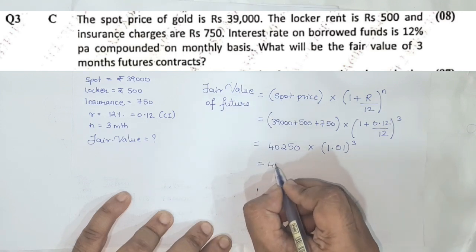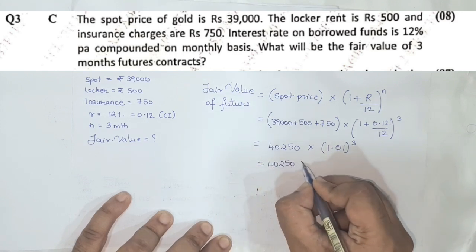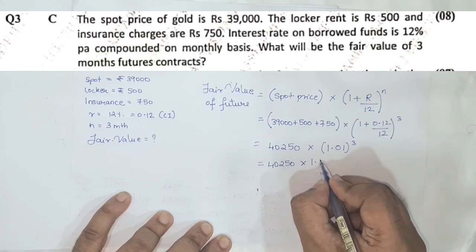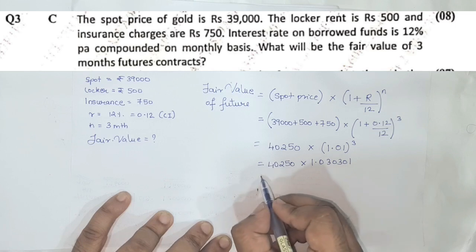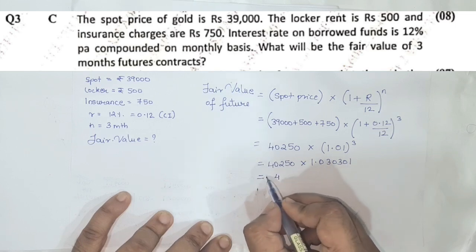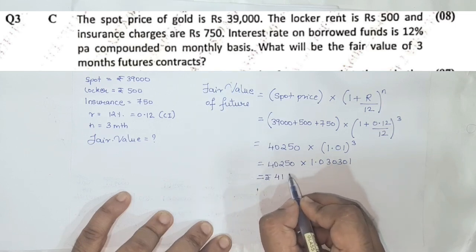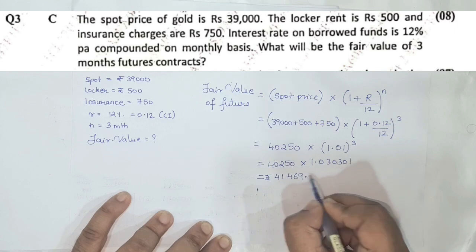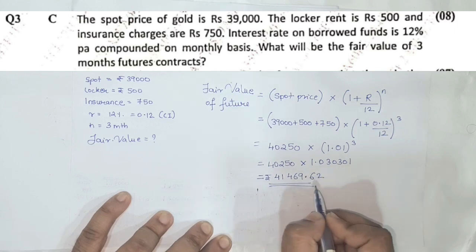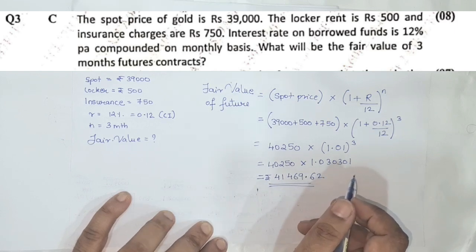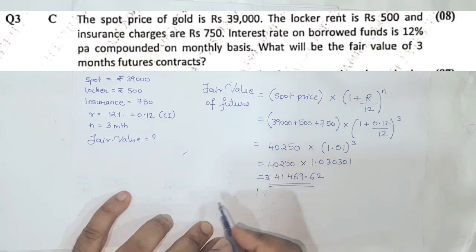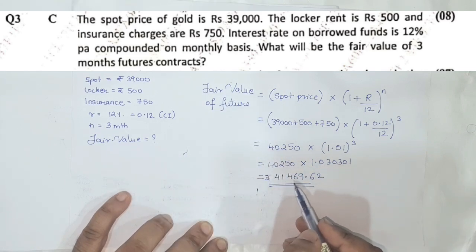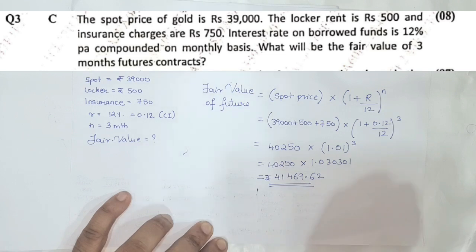So that will be 40,250 into the cube, which is 1.030301 on the calculator. Now we multiply as the last stage. So the final answer will be rupees 41,469.62. They asked us to find the fair value, and the final answer is this one. Therefore the fair value of future, you can write as a statement, is equal to rupees 41,469.62.